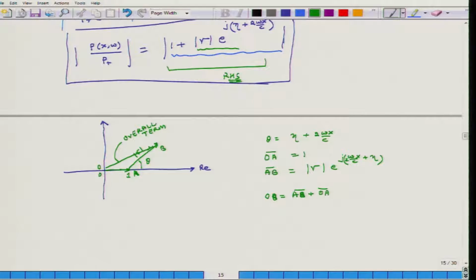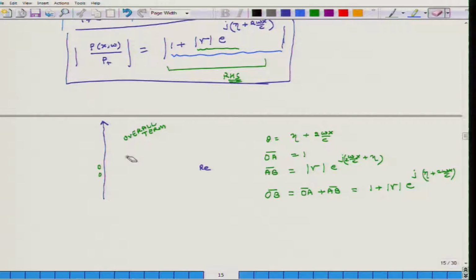So, this is vector addition. There are a lot of scratch marks. OB equals OA plus AB, and this equals 1 plus gamma exponent j (eta plus 2 omega x over c). So, this is there, and what I will do is I will erase this graph and make it more clear.